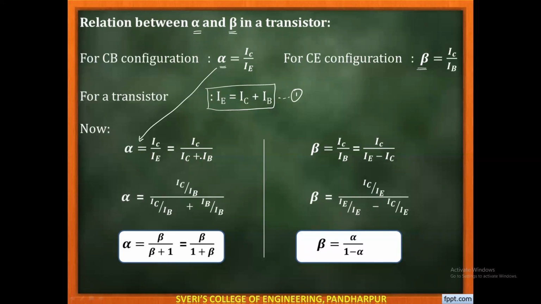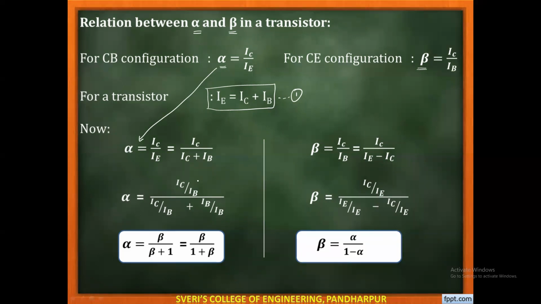Now suppose we divide numerator and denominator by IB. Why do I have to divide? Because beta is equal to IC upon IB. If I want the derivation of alpha in terms of beta, I need to divide both the numerator and denominator by IB. Dividing gives IC upon IB, and IB upon IB.